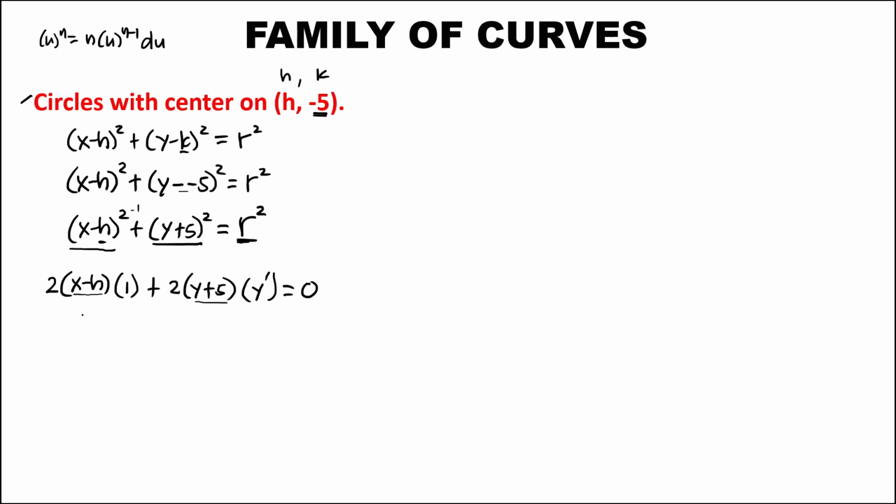Then to simplify, observe that all terms are divisible by 2, so we can eliminate these 2. So we have now x minus h, plus, distributing, y times y prime, plus, distributing, 5 y prime equals 0.